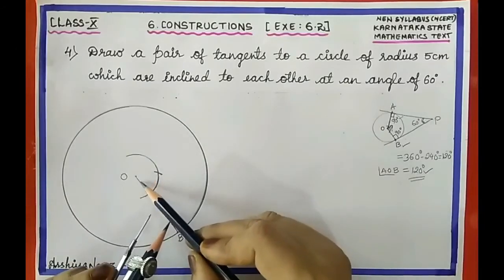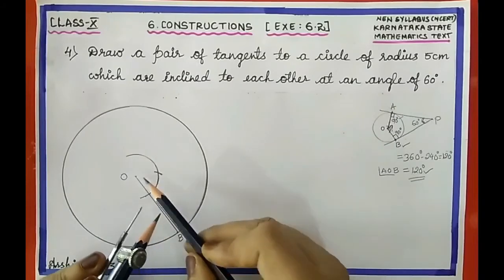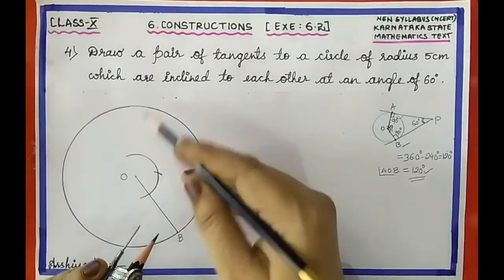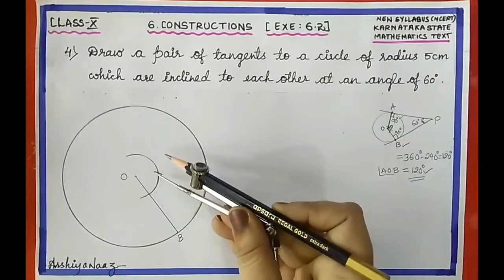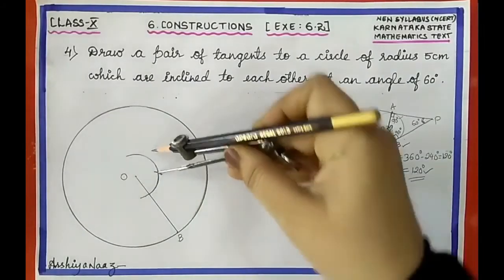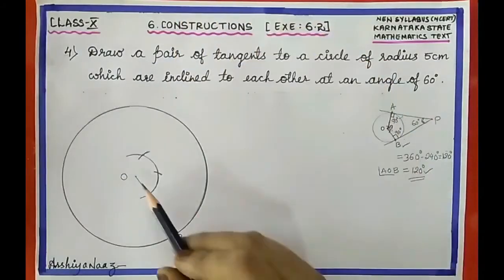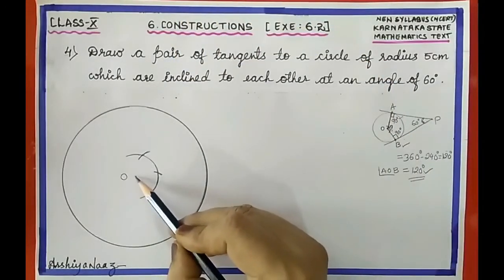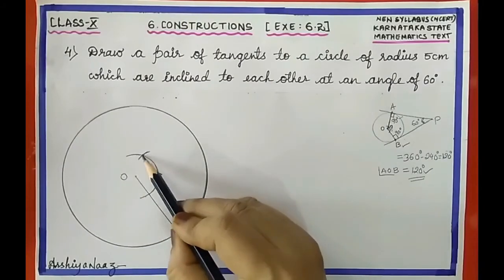So now we get angle here 60 degree. Now we need to construct another 60 degree so that we get angle 120 degree. Now with the same radius, with this point, cut this arc again. And now draw a line passing through the center of the circle and the point of intersection of these arcs.